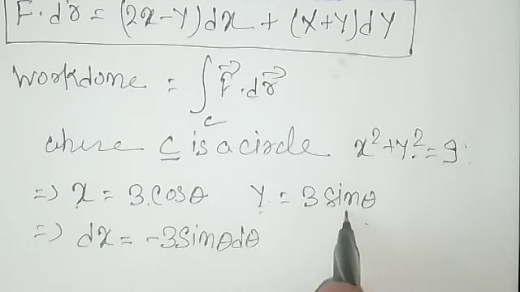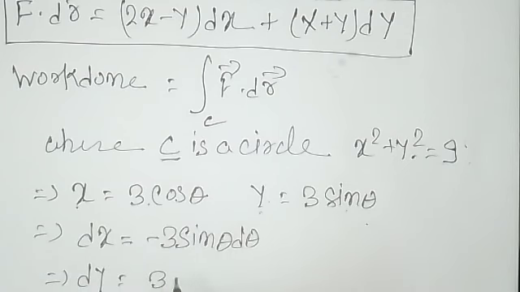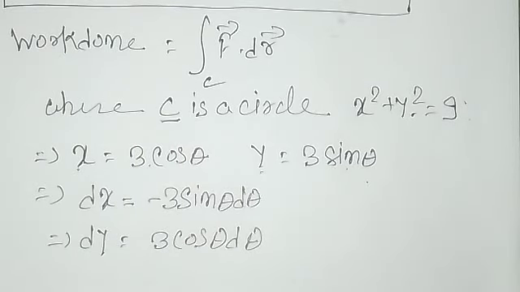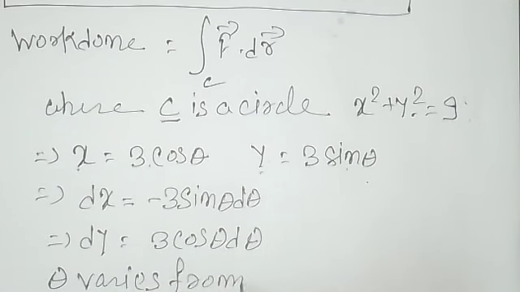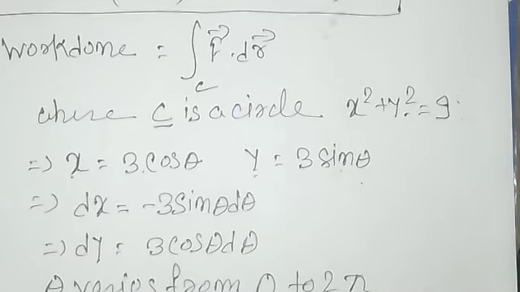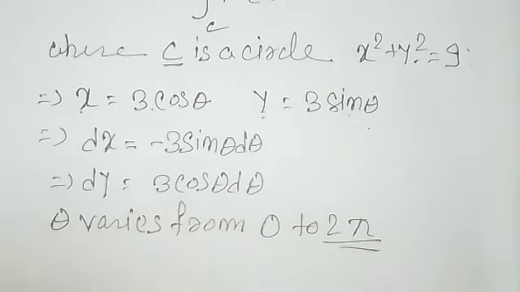And y is equal to 3 sin theta, so dy is equal to 3 cos theta into d theta. Any problem? I don't think so. And theta is varying from where to where? Theta varies from 0 to 2 pi. Then whatever the work done is, you have to calculate.